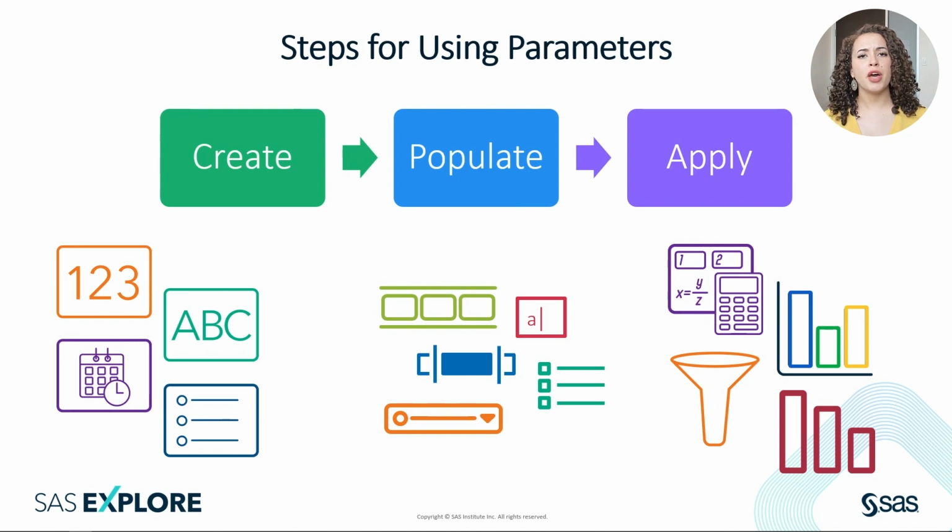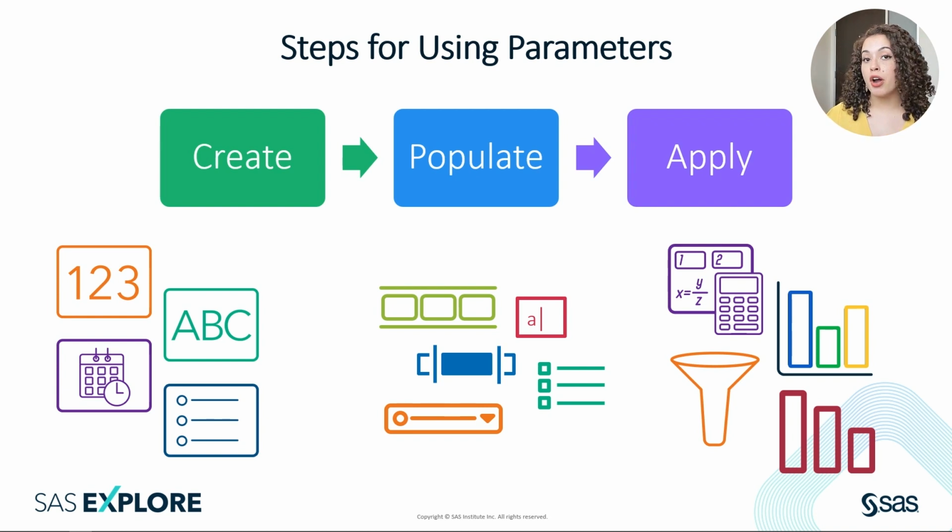In general, we think about the process of using parameters in 3 steps. As the report designer, you need to create the parameter. You need to define whether it will hold a category item, like a character string, or a number and be numeric, or date and time data values, or maybe your parameter holds a list of values. Whatever that is, you first create the parameter, and then you insert a control object from your objects pane that allows the user to input the parameter value.